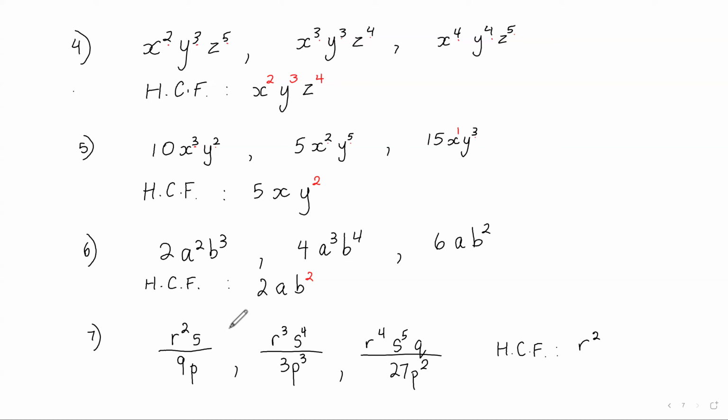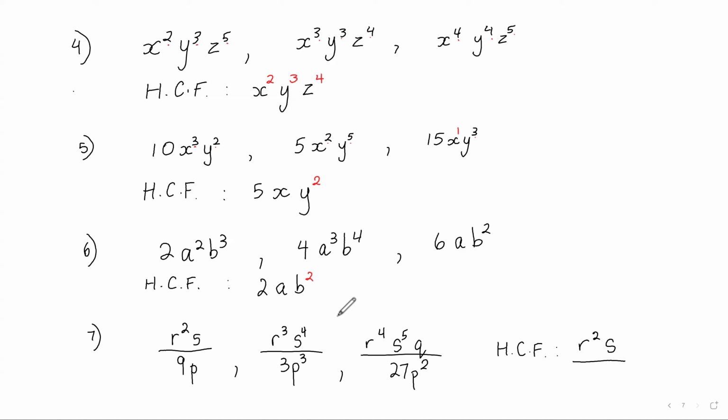Because s is common to all of them. So it'll be r squared because 2 is the lowest power of r, and also s. But what would be the power of s? It will be just s. Yeah, it'll just be s because the powers of s would be 1, 4, and 5. And q does not belong there because all of the numerators do not have q.